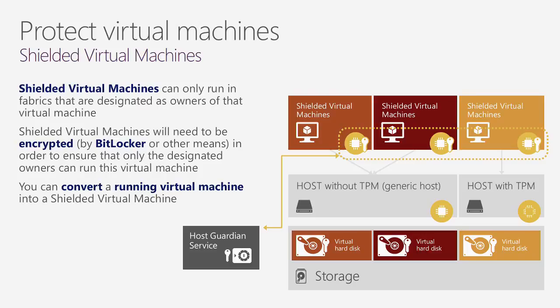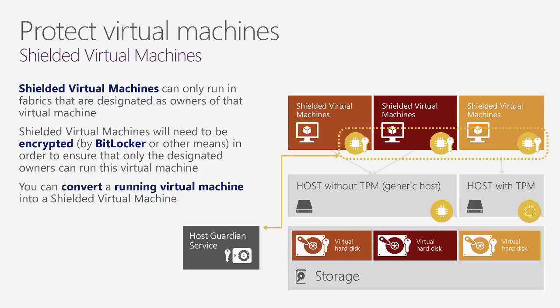And Shielded Virtual Machine is basically 3 different technology components that we've been working on coming together to deliver an end-to-end solution. The first, at the lowest level, is in the core Hyper-V itself, we've added support for a virtual TPM. Why is that important?